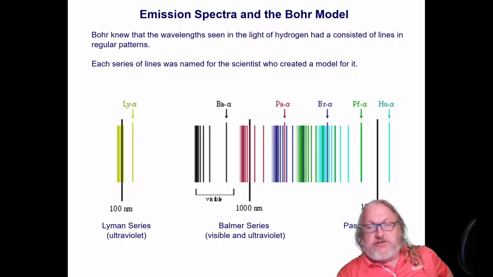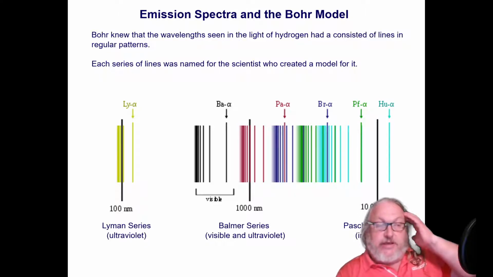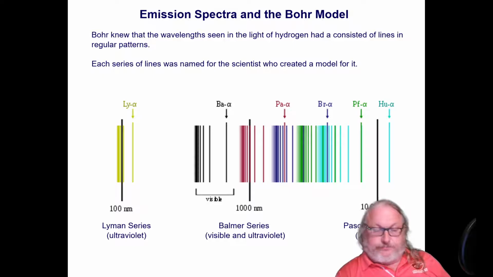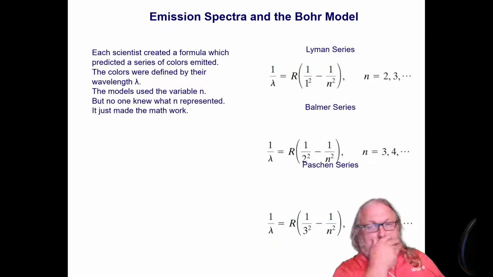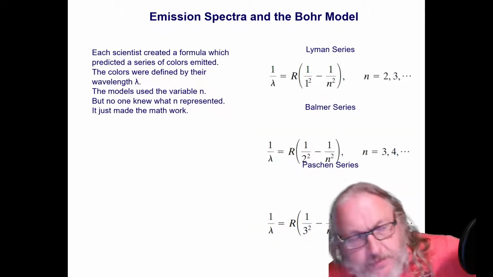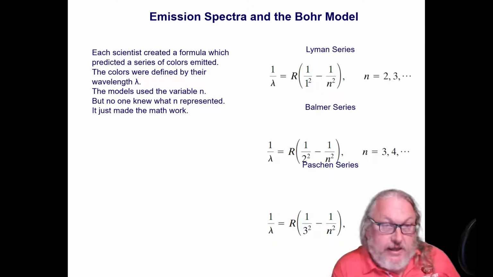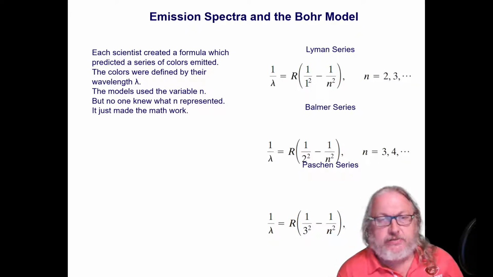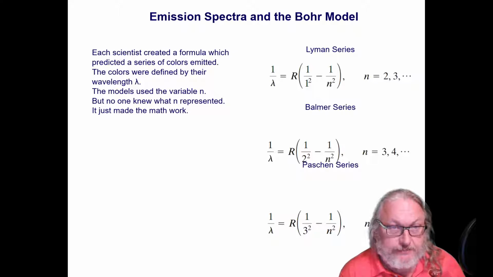From about 1,000 to 10,000 nanometers, this is what we call the Paschen series, and this is the infrared spectra. We can't see this with our eyes. Each of these scientists created a formula using calculus which predicted a series of colors that were emitted.